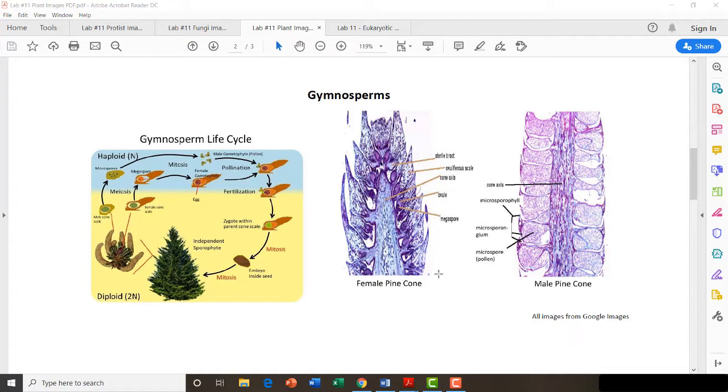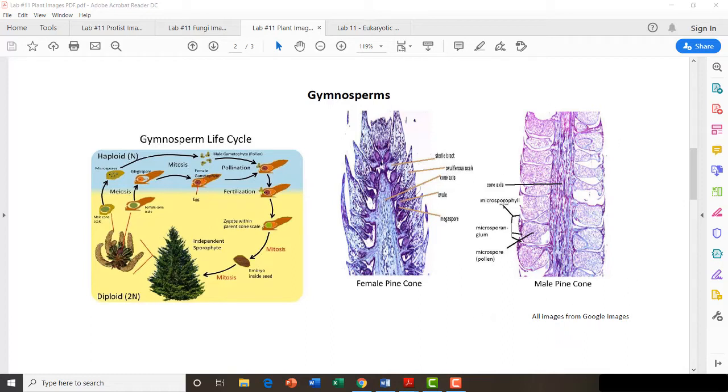So here, if you were to look under the microscope in a little bit more detail, here's a female pine cone and a male pine cone. What is really interesting in the female pine cone, it's more of those woody pine cones that have those scales, and at the base of each scale is the ovule or the egg, which is the female gamete, okay?